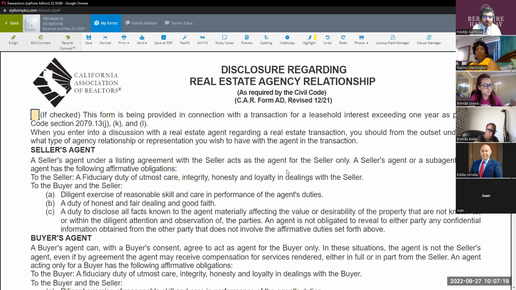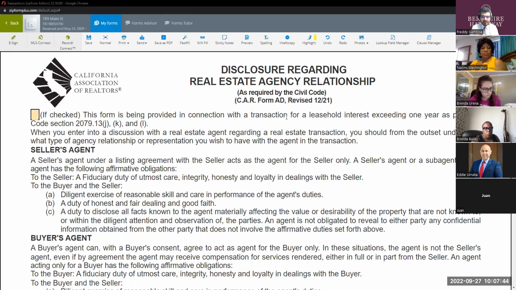First things first, keep in mind that when you are helping a client, either a buyer or a seller, regardless of what type of business you conduct with that potential client, it's always mandatory to have a disclosure regarding real estate agency relationship.